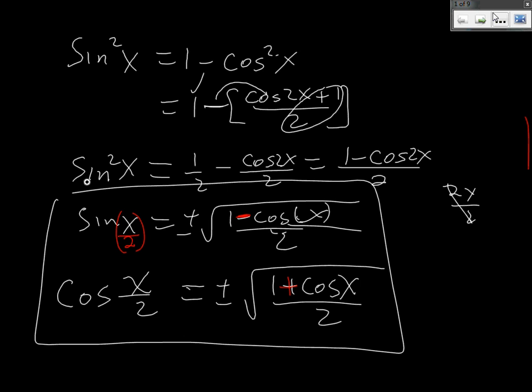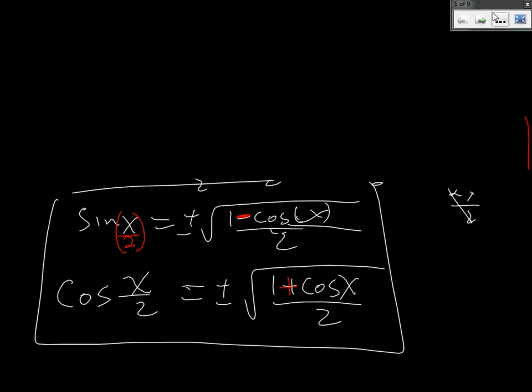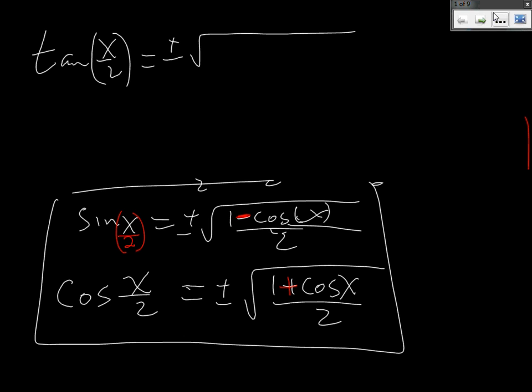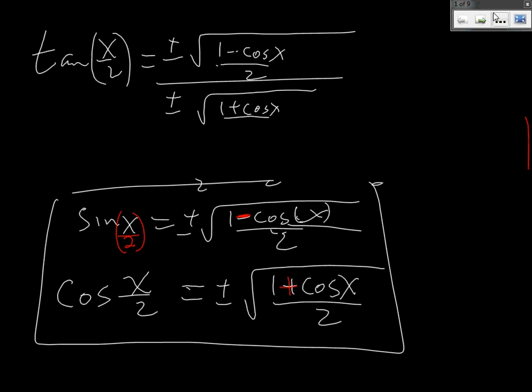So, one might ask, well, what is the tangent? Well, the tangent of x over 2 is equal to the sine of x over 2, which is the square root of 1 minus cosine x over 2, divided by the cosine of x over 2, which is plus minus the square root of 1 plus cosine x over 2.